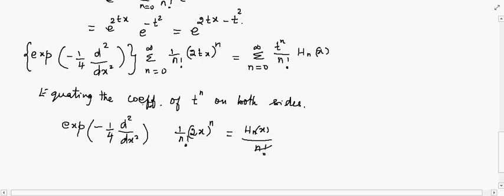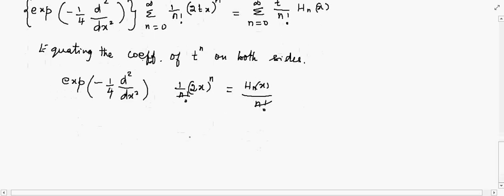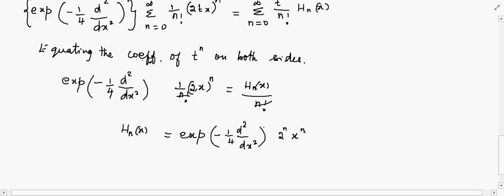Now we can cancel off n factorial on both sides, and then for the remaining term, I'll write the right hand side first. So hn of x is equal to exponential of minus 1 by 4 d square by dx square of 2 power n x power n.